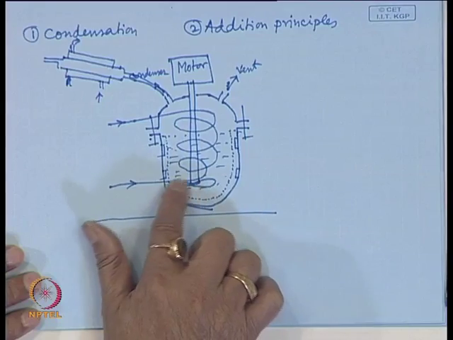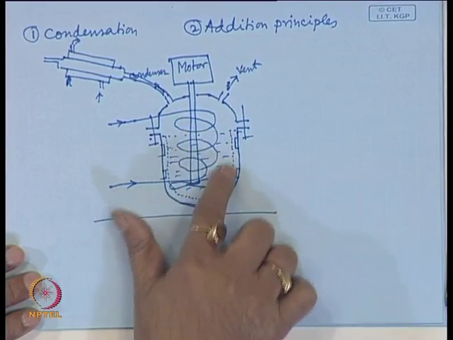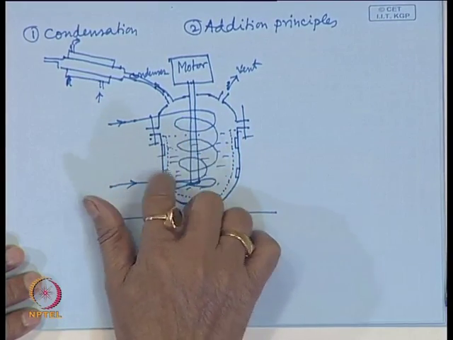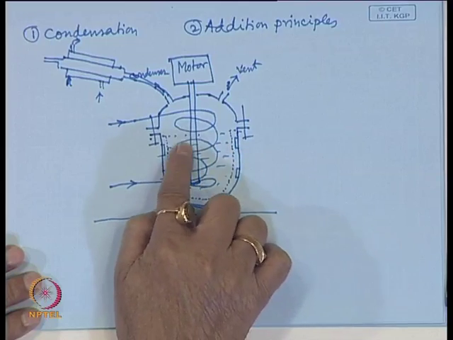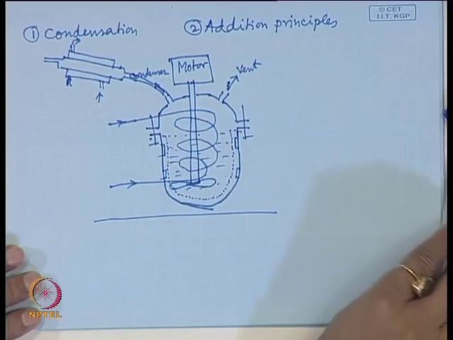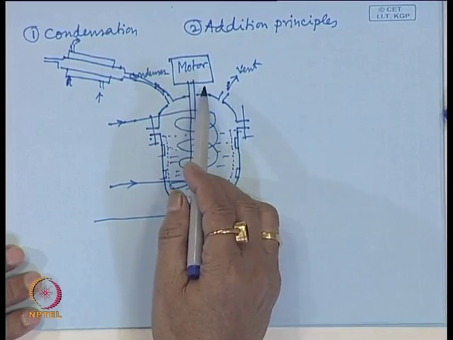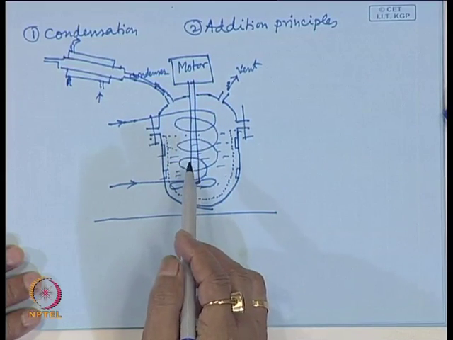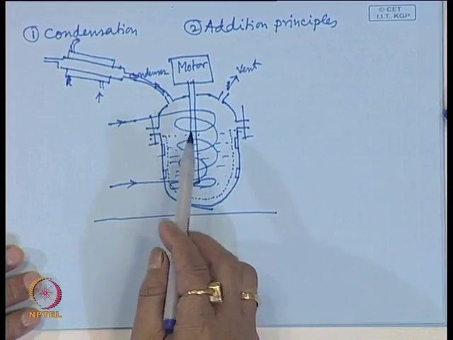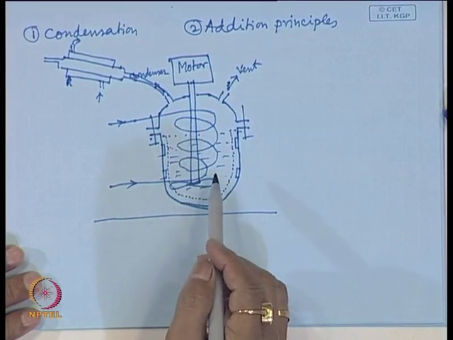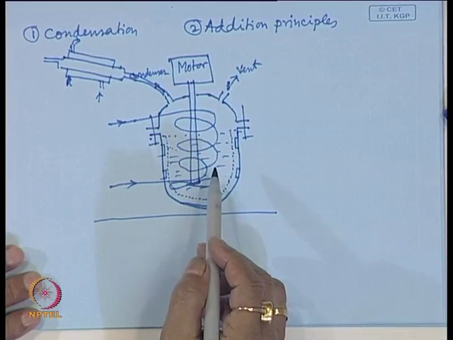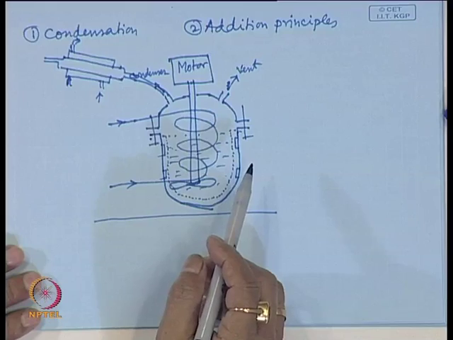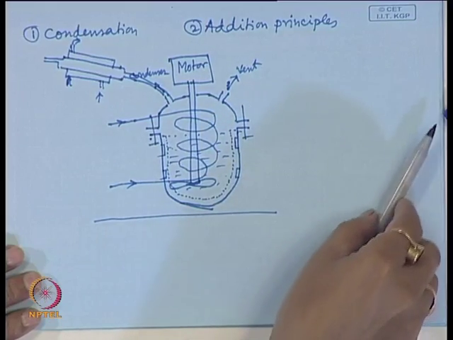The power consumption due to mechanical stirring for homogenization of the mass inside the reactor, that huge power consumption cannot occur in solution polymerization as is found in bulk polymerization. But there are certain problems. These problems are obvious.